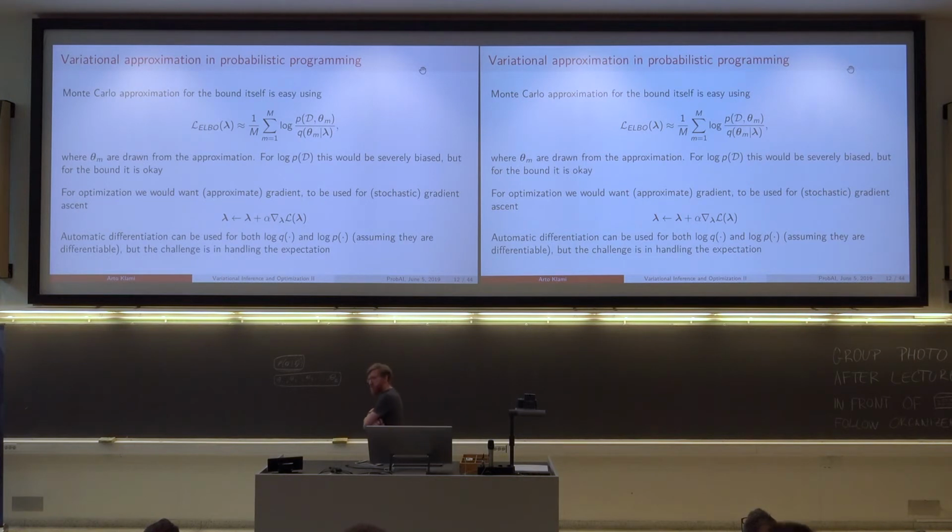But to optimize this, what we would want to do is use gradient descent, stochastic gradient descent typically, where we would be able to update the parameters of the approximation by taking a small step towards the gradient direction.